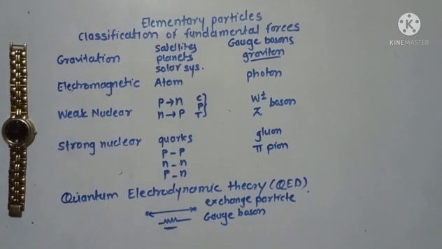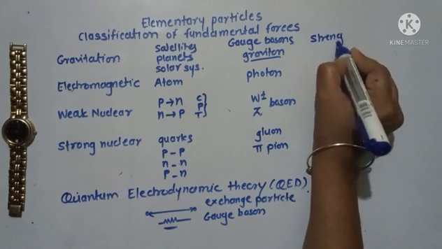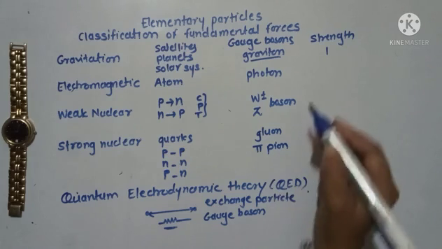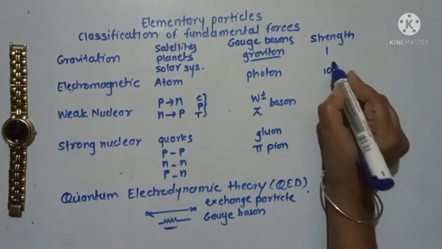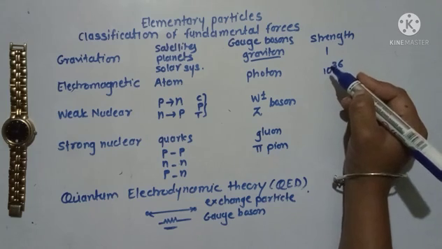Now see, if I take the strength of this gravitational force field as 1, then this electromagnetic force field is nearly 10 raised to 36 times stronger than the gravitational force field.